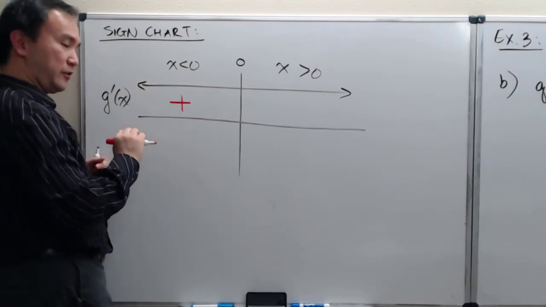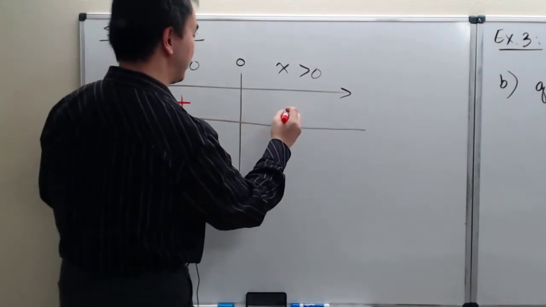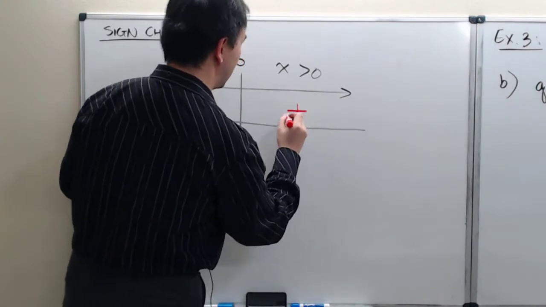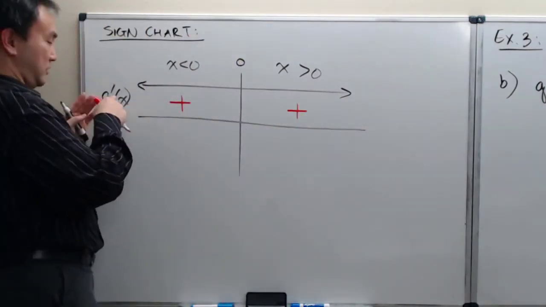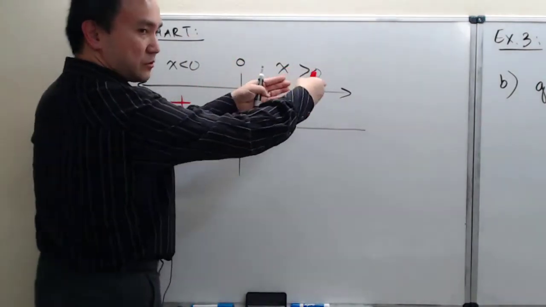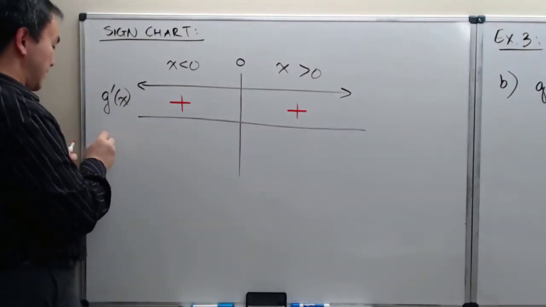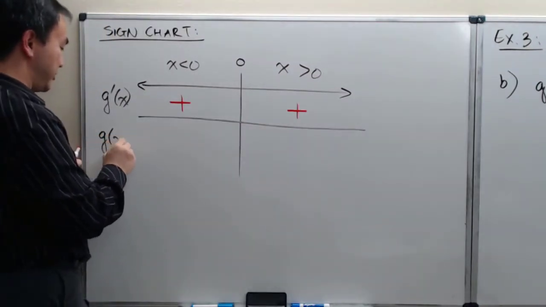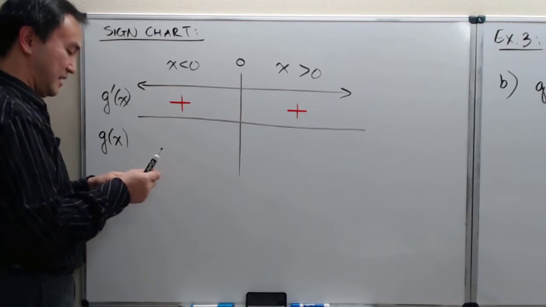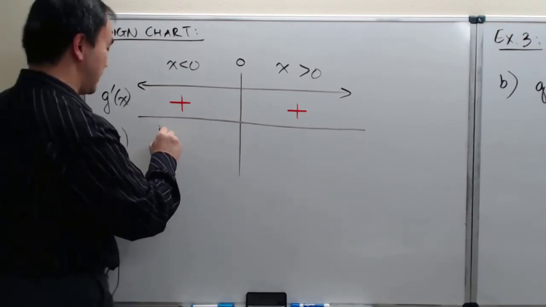And g prime of x will also have a positive sign for the interval x greater than 0. So that means the function g of x itself is increasing in this interval.